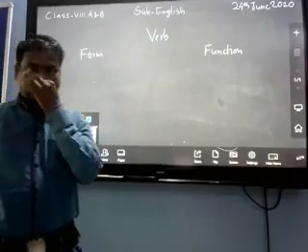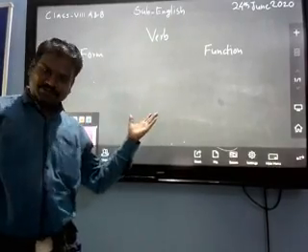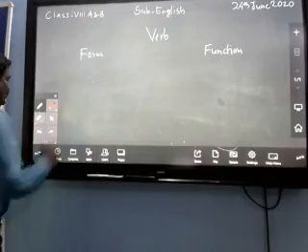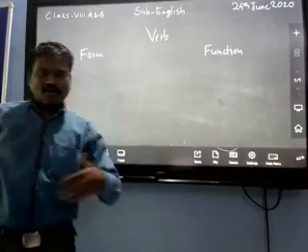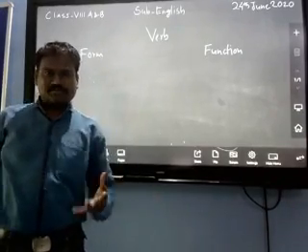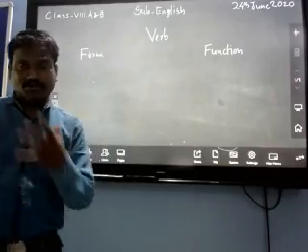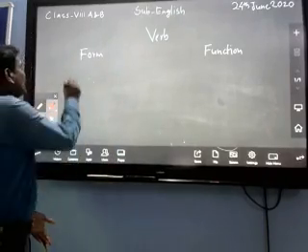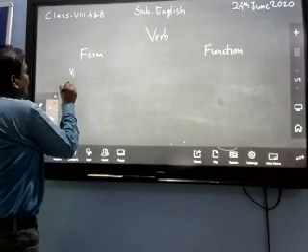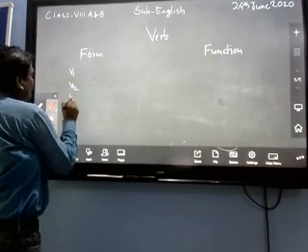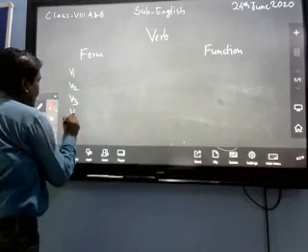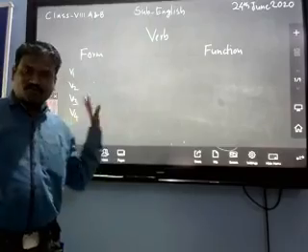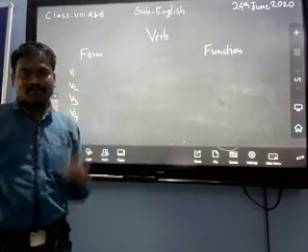Form and function. Forms, you know it, because we might have heard it many times. We have also been taught in the junior classes that the forms of the verbs are V1, V2, V3, V4. These are the four forms of the verbs.